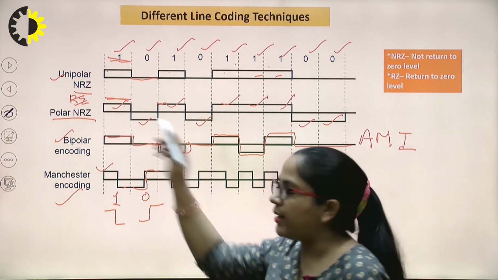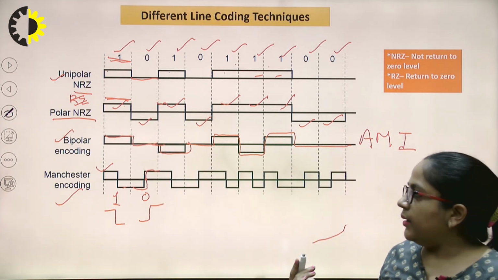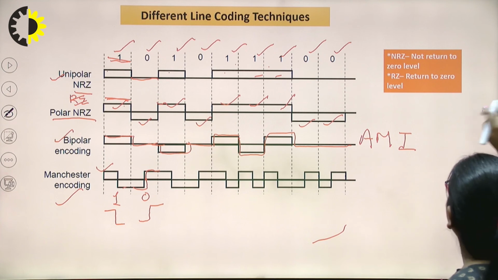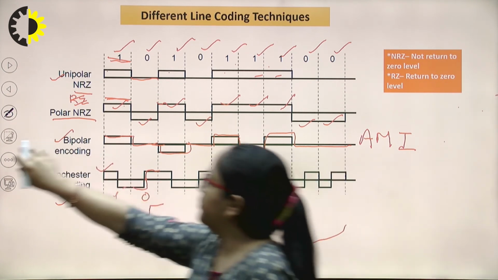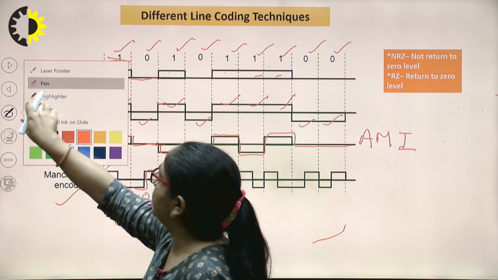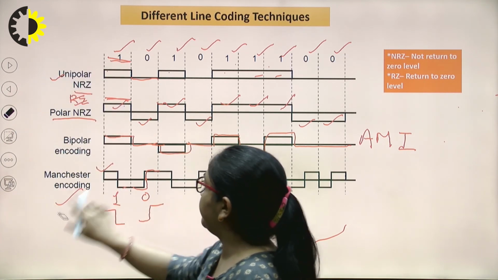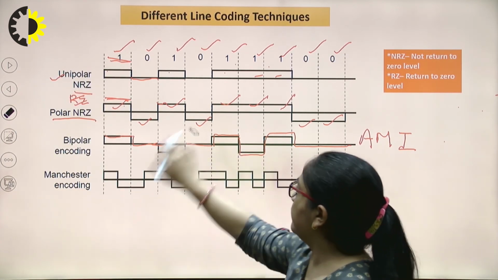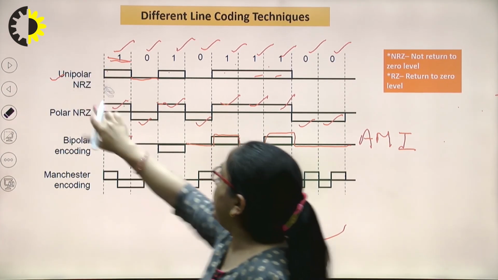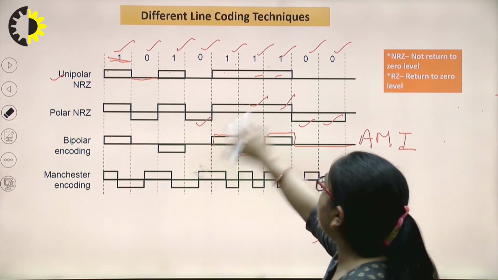This is the case of NRZ. What if we select the RZ technique? Let me show you for one of the signals. Here we have unipolar NRZ.